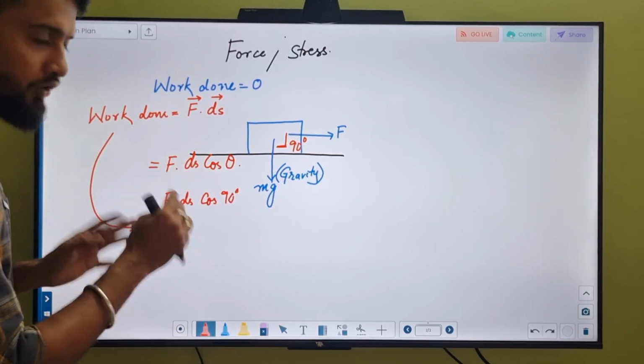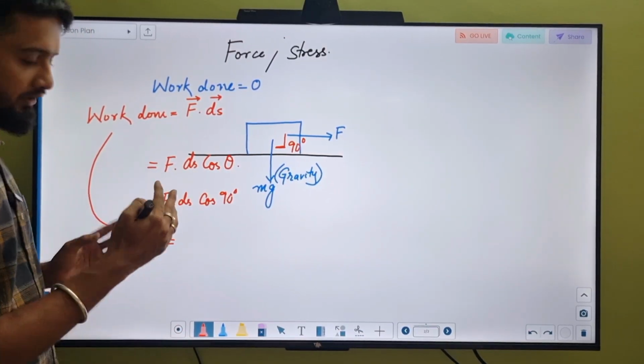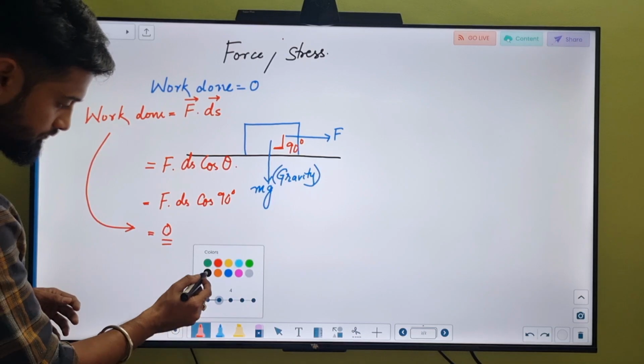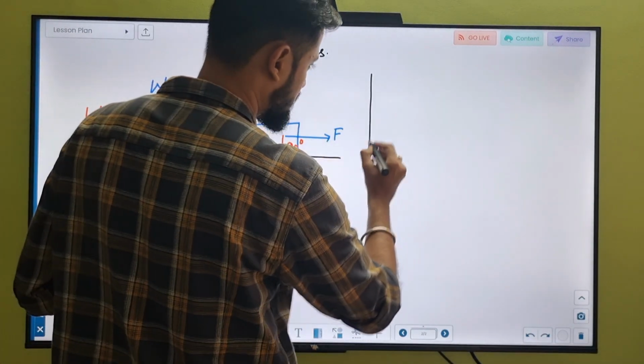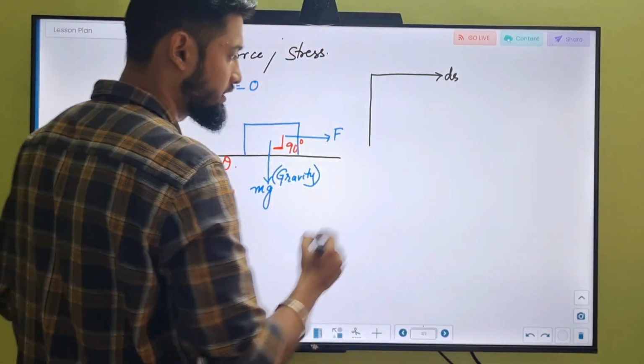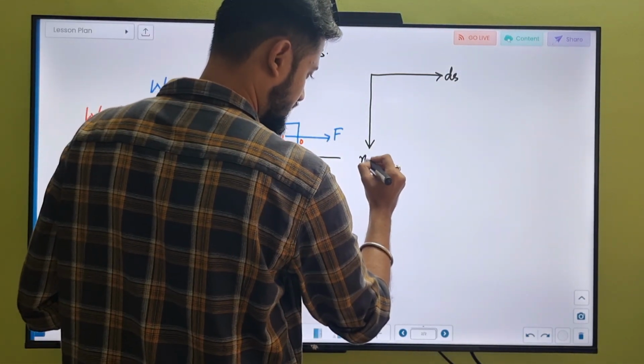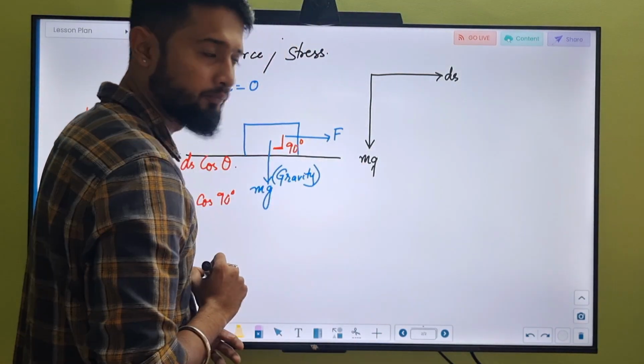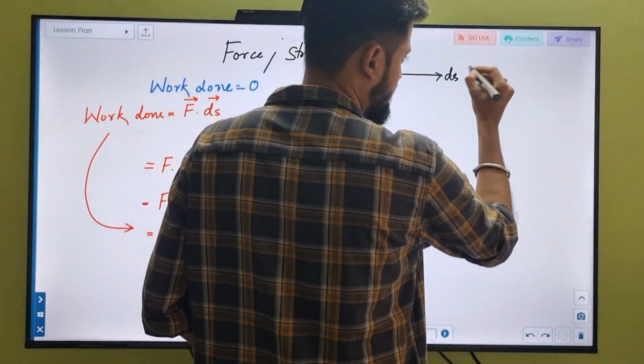Okay, so this tells us that there is no displacement. Okay, so if I draw two lines perpendicular to each other, this is ds and this will be the gravity. So here ds, that is displacement.